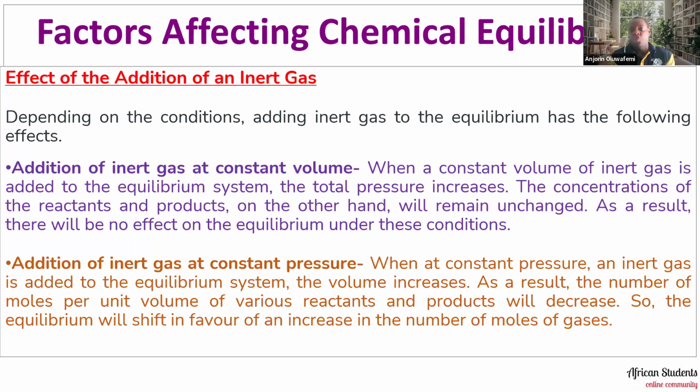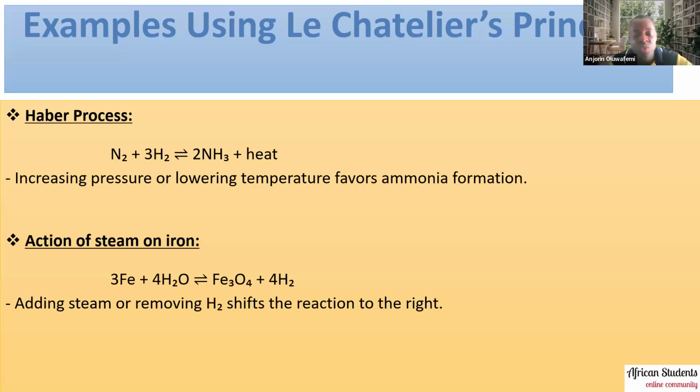So the equilibrium will shift in favor of an increase in the number of moles of gases. So we must note this and understand the dynamics when this variation is set in. Okay, so those are the factors affecting chemical equilibrium. And we'll move along by looking at examples using Le Chatelier's principle.